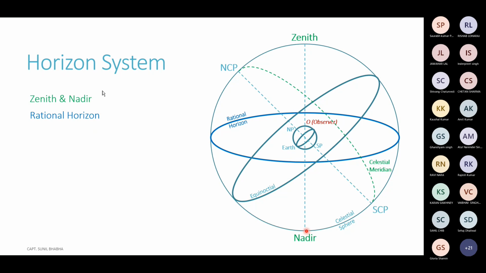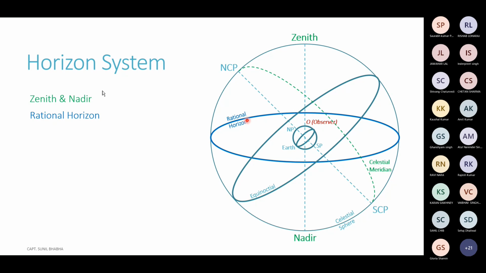It can be defined in another wording, that is, a rational horizon is a great circle on the celestial sphere, every point on which is 90 degrees away from the zenith as well as the nadir of the observer. So this rational horizon is a very important reference for us as far as the horizon system is concerned.